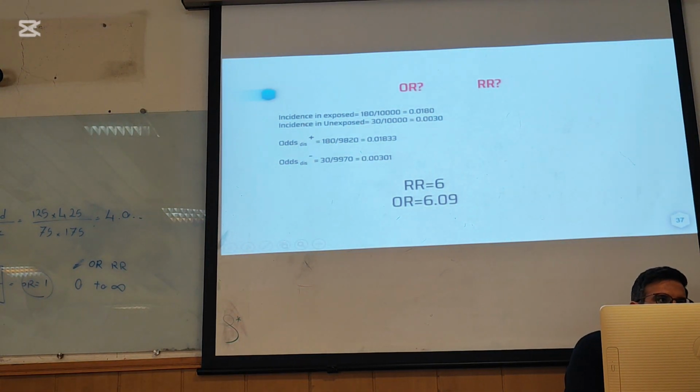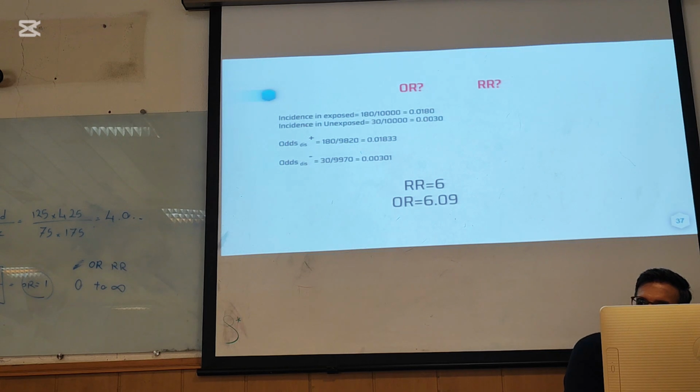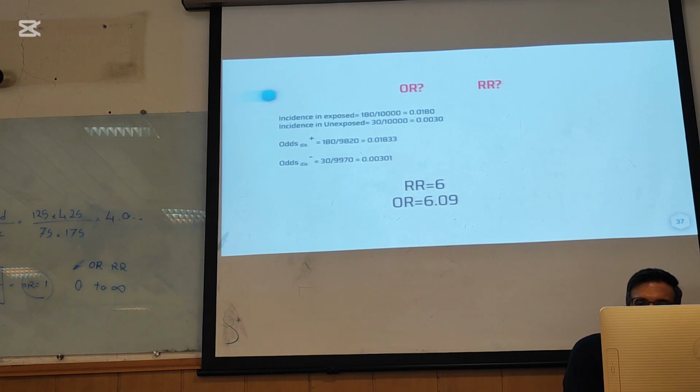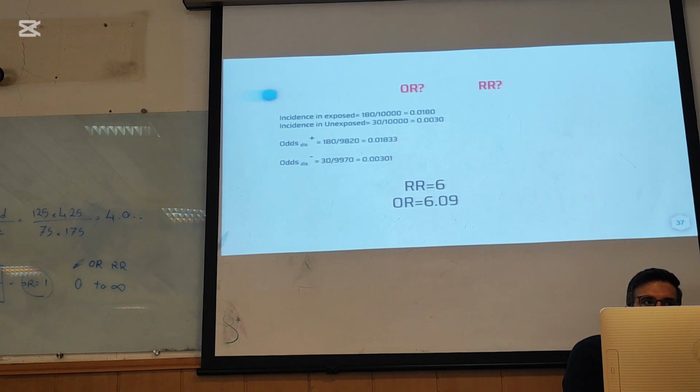The aim of solving this example is that when your outcome is rare, what does rare mean? It doesn't happen often.